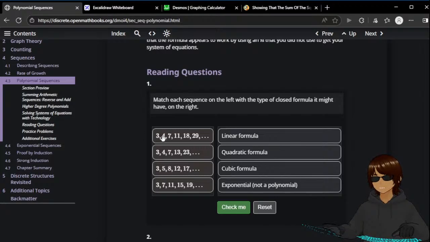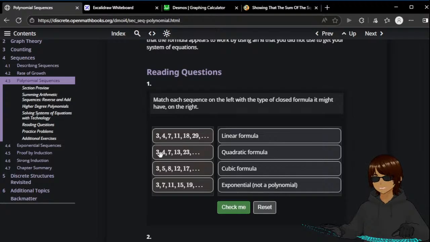So plus 1, plus 3, plus 4, plus 6, plus 11.